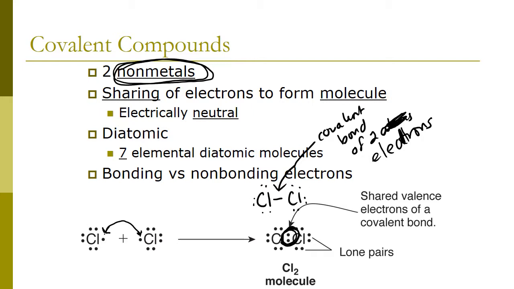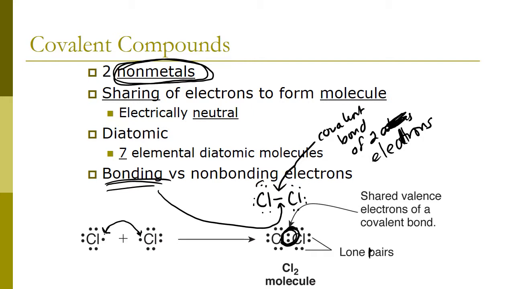So let's see here. Oh, at the very bottom, it talks about bonding versus non-bonding electrons. So those electrons that are being shown, the bonding ones are just what they sound like. They're the ones in the bond. We're going to show those with a little dash. Non-bonding electrons are sometimes called lone pairs of electrons or lone electrons.